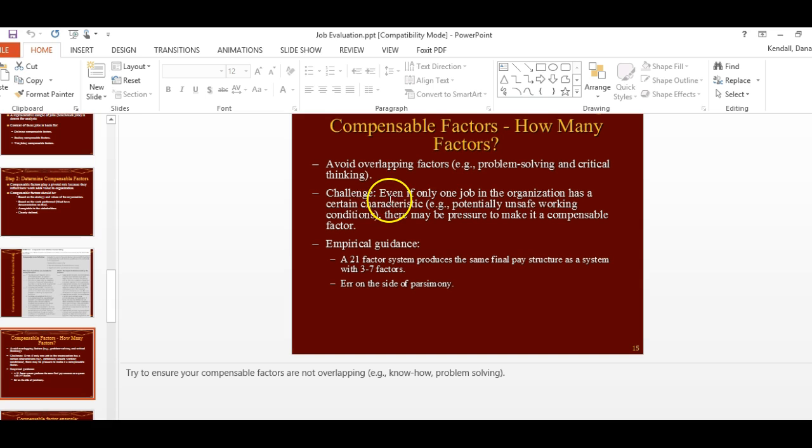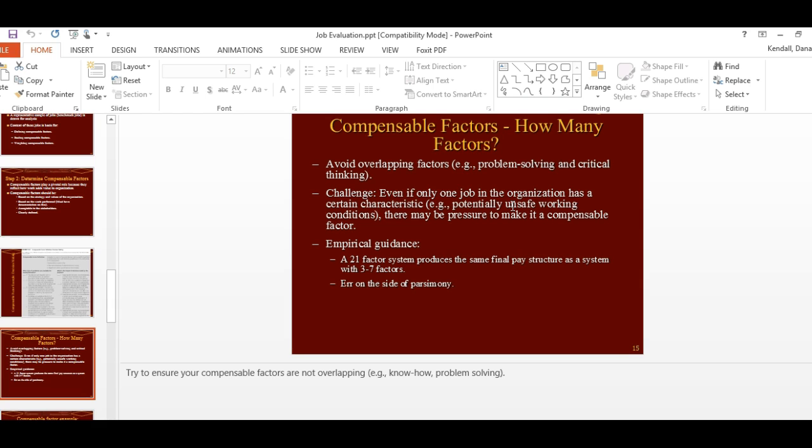There's a challenge with this, and that is that if there's just one position in the org and it's not filled by many incumbents, but it involves something rare and salient, I would say, like potentially unsafe working conditions or something that requires an odd behavior.